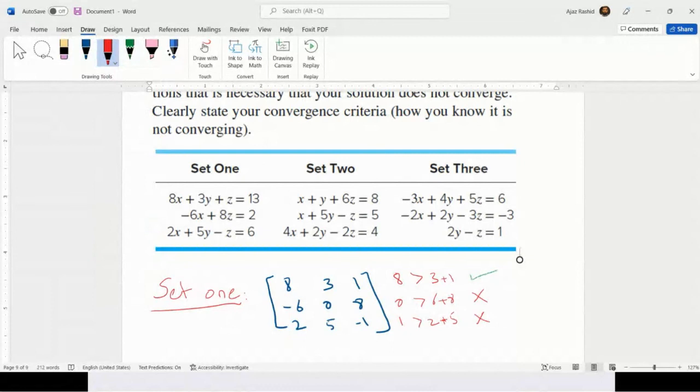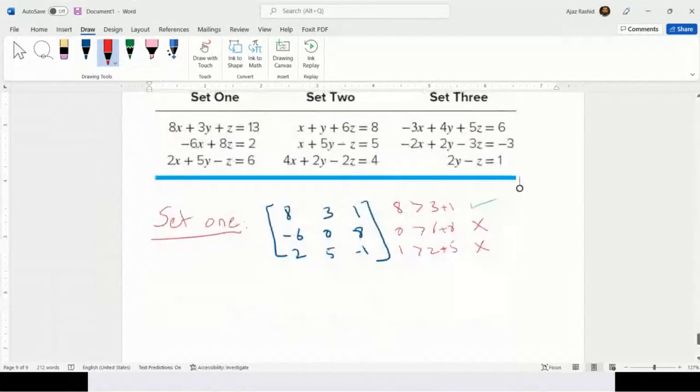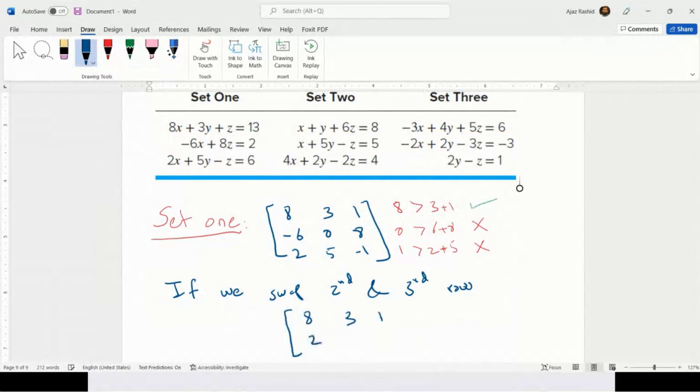Can we do something about it? Can we make it converge? If we swap the second and third row, we'll have 8, 3, 1; 2, 5, -1; -6, 0, 8.